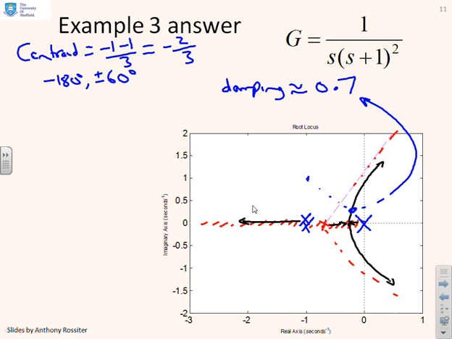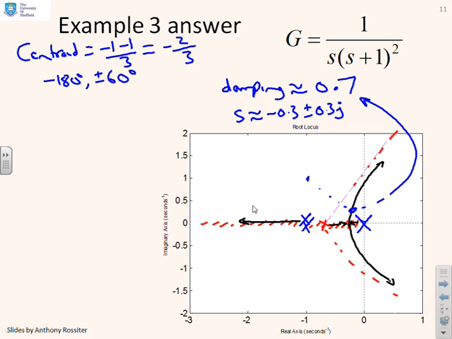And now I'm going to be very crude here: roughly, s is minus 0.3 plus or minus 0.3j. So there's my estimate for the closed loop pole position, which will give me this compromise.